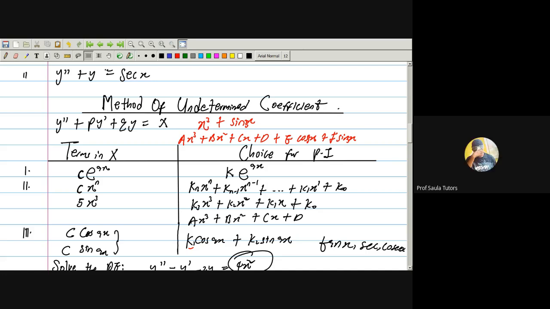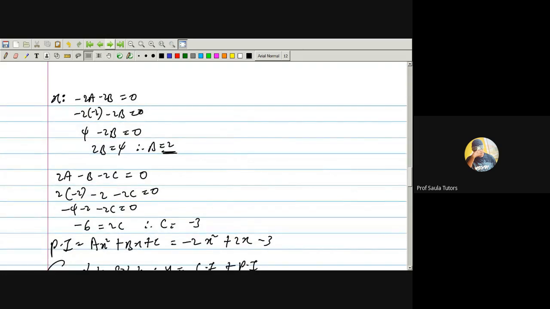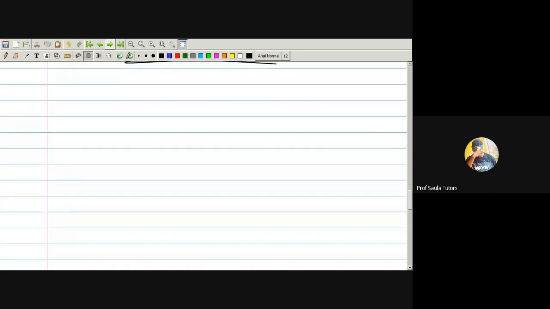Let me just pick another question and solve for you. Which one should I solve, the method of variation of parameters or the method of undetermined coefficients? Let's do undetermined coefficients. Let's solve the one that has trigonometry.